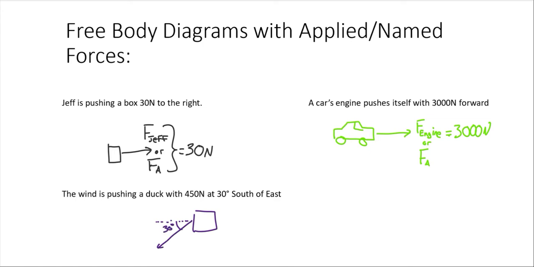Now, is the wind force something that's a usual force, something that's calculable? Is it like gravity? Is it like friction? No, it's not. There's no way to just calculate the amount of wind. So it gets its own name. It's force wind. All right, force wind is 450 newtons.